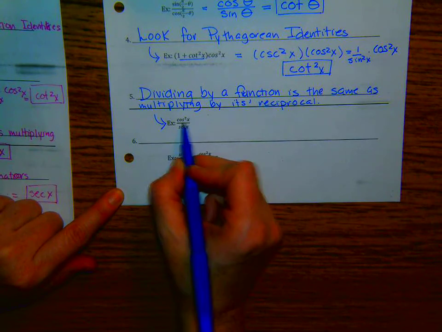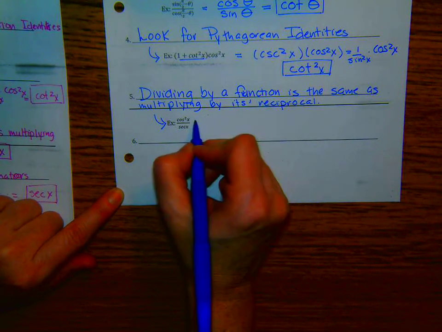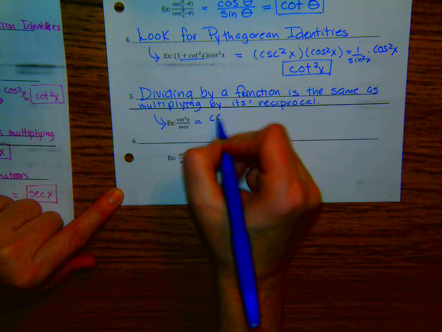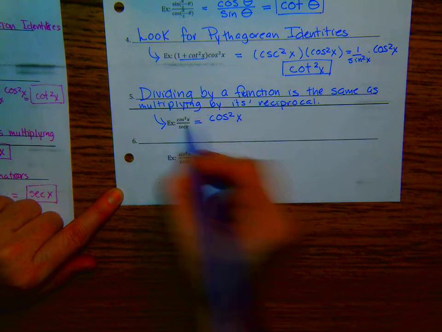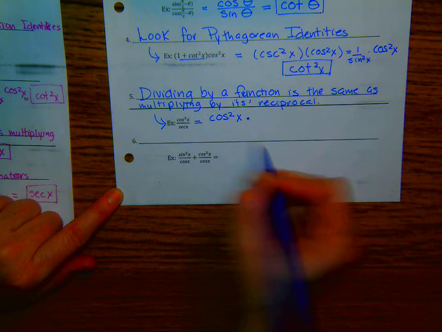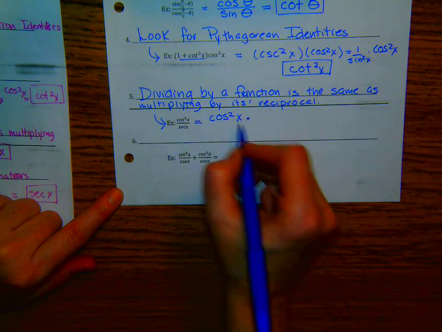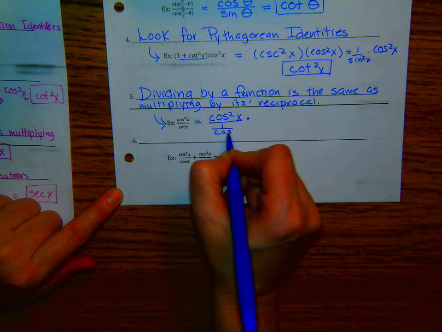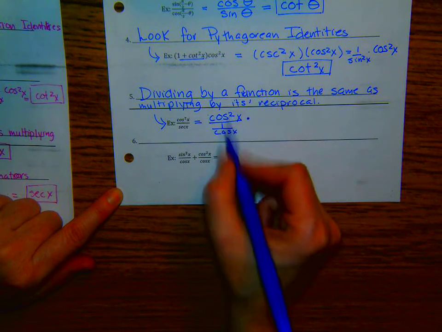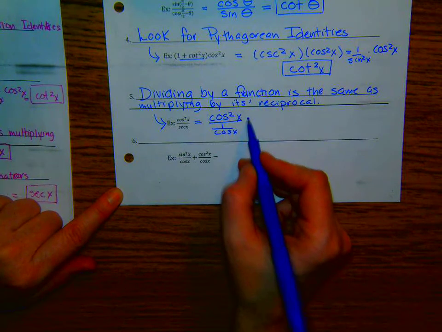We have cosine squared over the secant squared. This is the same as cosine squared x. If we do this division right here, it's the same as multiplying by the reciprocal. So we have cosine squared x over 1 over the cosine of x. So this division is the same as multiplying by the reciprocal.